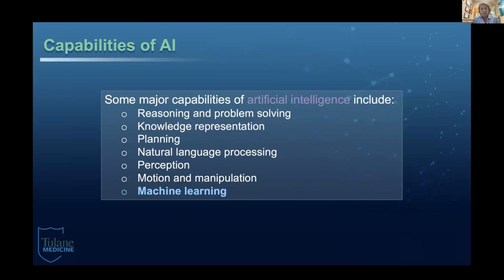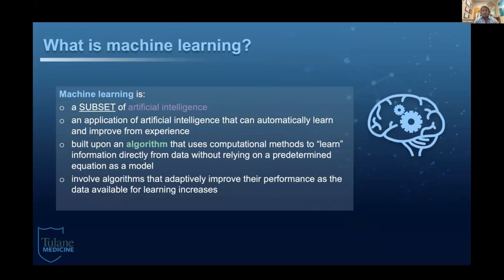So what are the capabilities of AI? Some major capabilities include reasoning, problem solving, knowledge representation, planning, language processing, perception, motion manipulation, and machine learning, which we're talking about today. So what exactly is machine learning?